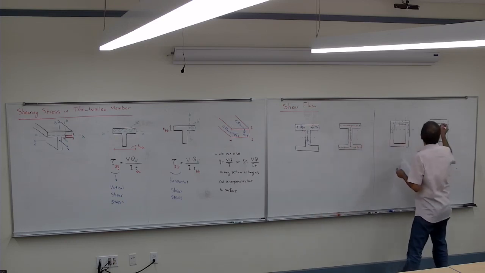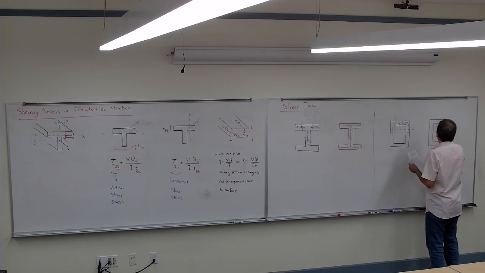The Q would start from here at 0 and very small, and then it would get larger, then larger, then largest at the center, then it will become smaller, smaller, smaller.